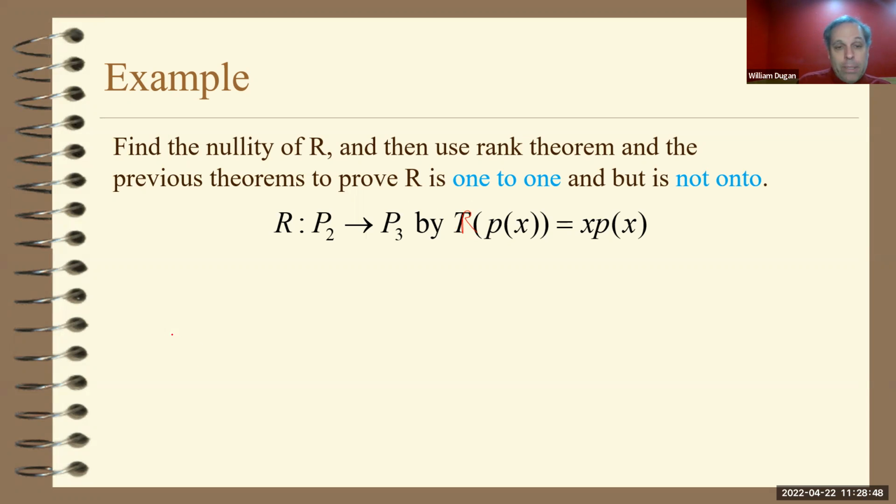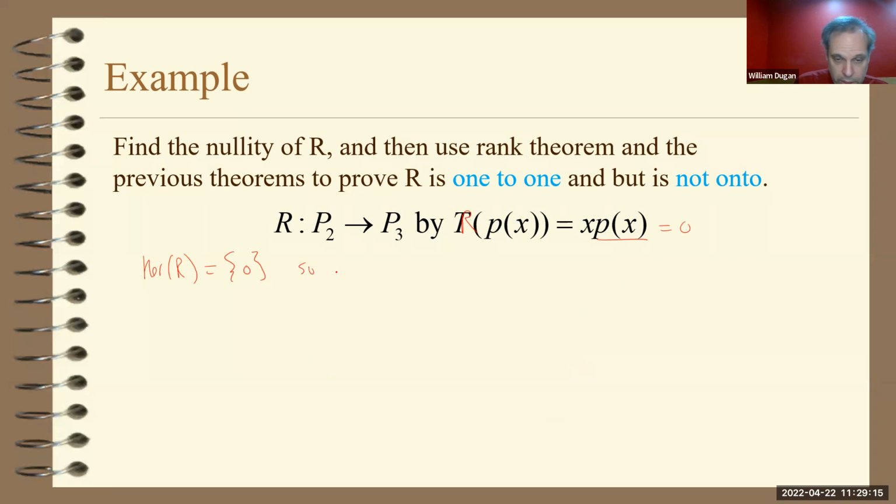Why? Because we know that the kernel of this R is just the zero vector. The reason is that if this is going to equal zero, the only way that's possible is that this is zero. So then the only way that can be zero always is that it has to be the zero vector itself. So the kernel of this thing is zero.